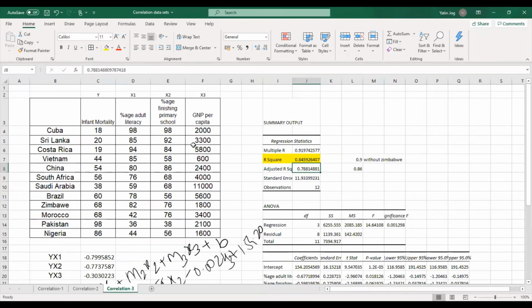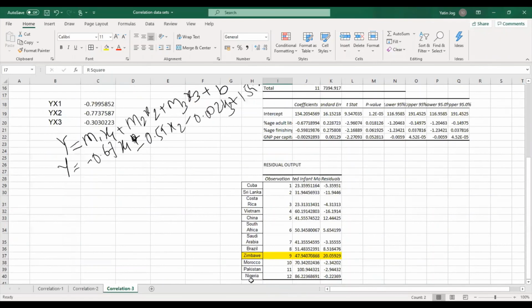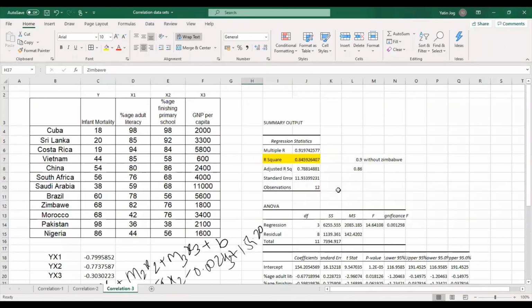What is the final conclusion? The difference between R square and adjusted R square tells me whether I need to make changes in my independent variables, whether to add or remove any variables from the independent variable set. Even in this analysis, if I remove Zimbabwe, I am getting better results in terms of R square and adjusted R square.